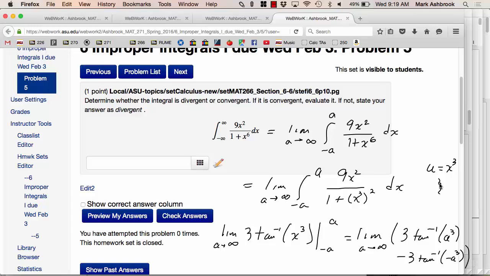Okay, well, what the heck is that? So we have to know something about tangent and inverse tangent to evaluate these limits.